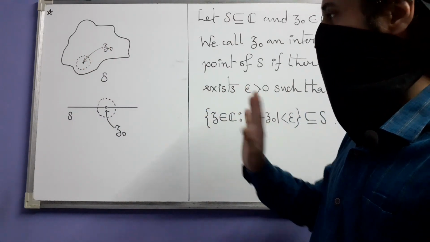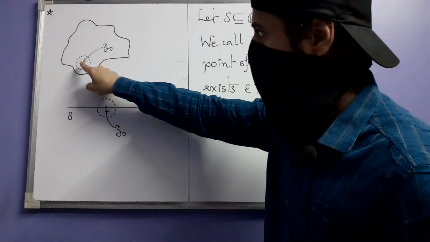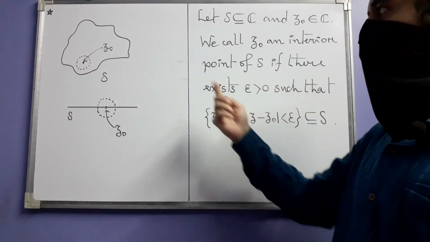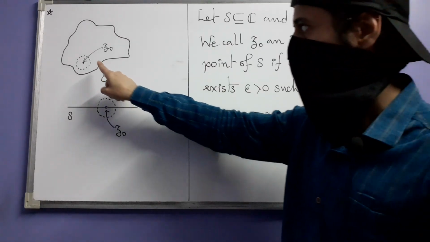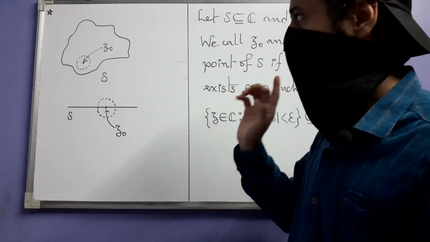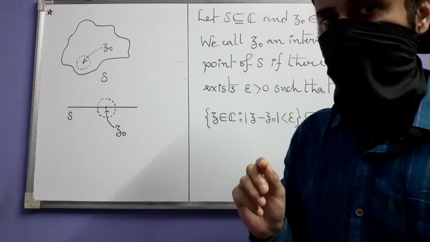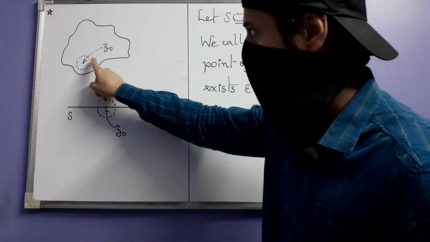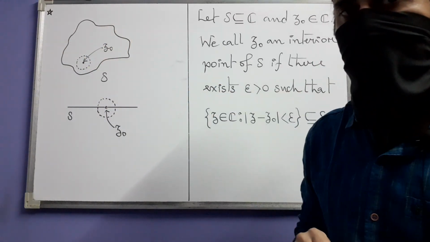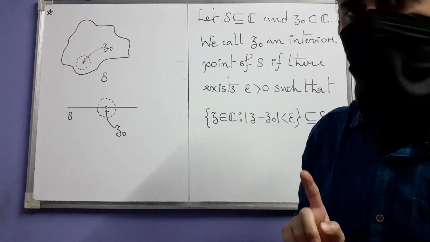And do not forget that all these things are happening in the complex plane. Then this point is an interior point of this S because there exists some small enough epsilon for which, if we consider the epsilon neighborhood centered at z0, that is entirely contained inside S. That is why z0 is an interior point of this S.